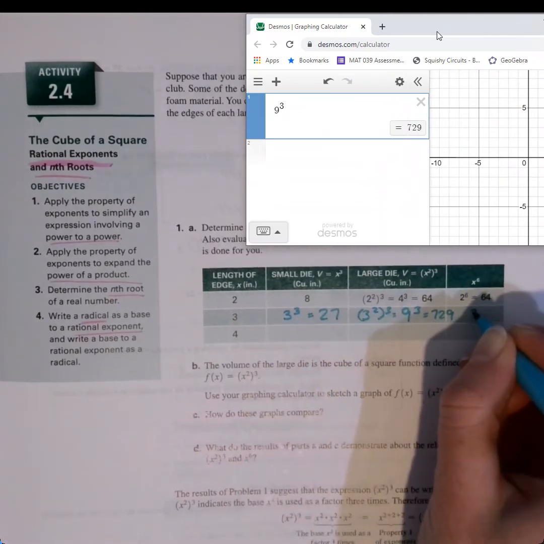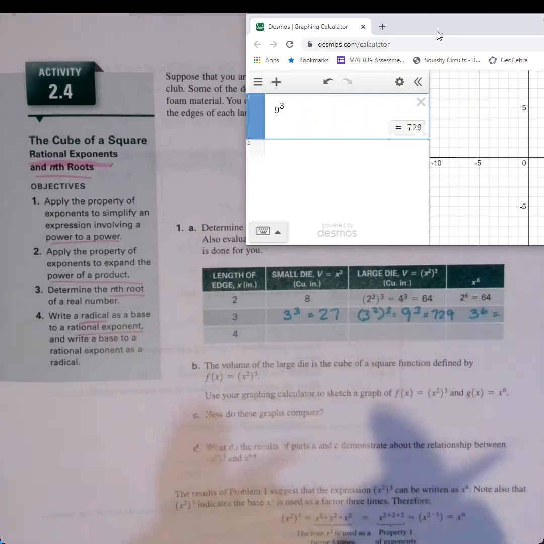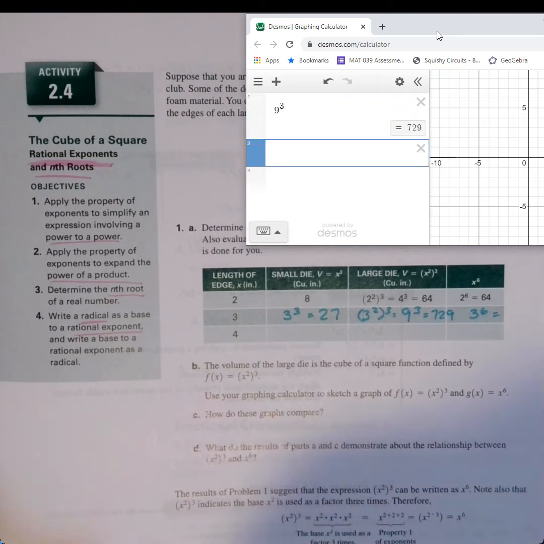And then let's check what 3 to the 6th is. 3 to the 6th is 729.